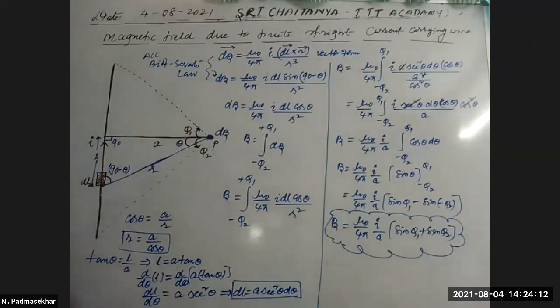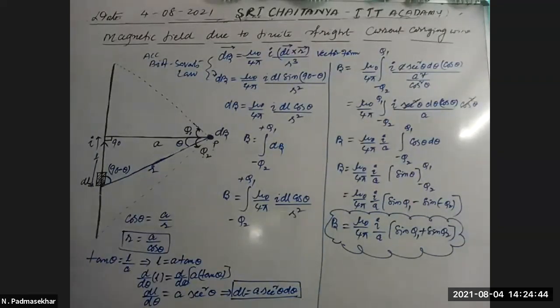Substitute there: B is equal to mu naught by 4 pi, the integral from minus phi 2 to plus phi 1 of I a secant square theta d theta into cos theta by r square, that means a square by cos square theta. So the a cancels, leaving a square. Then cos square theta and secant square theta cancel. Now B is equal to mu naught by 4 pi, I by a, the integral from minus phi 2 to plus phi 1 of cos theta d theta.